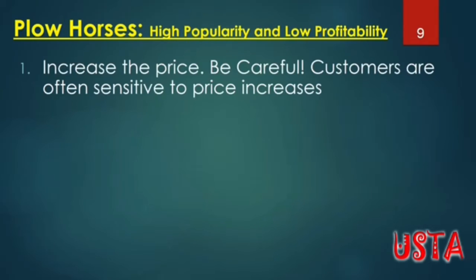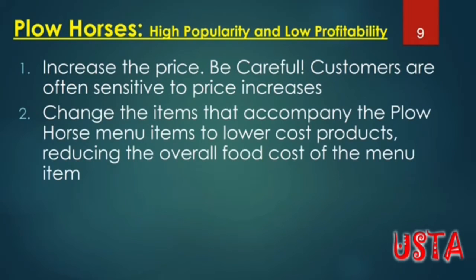Some suggestions are to increase the price, but be careful. Customers are sensitive to price increases. Another way to do this maybe is to change the items that accompany the plow horse menu item to lower cost products or reduce the overall cost of the menu item.